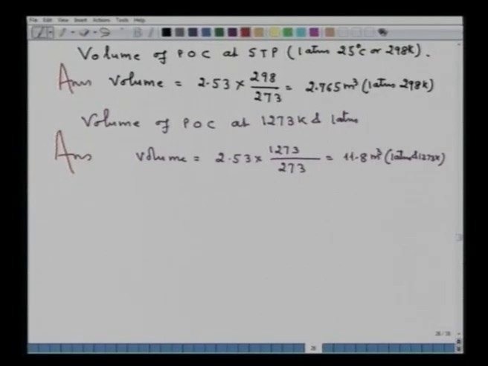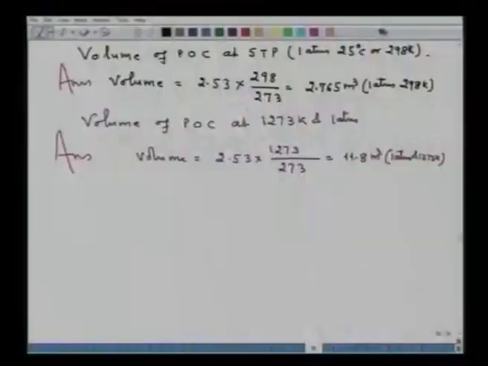Why I asked you to calculate particularly at 1273 Kelvin is to appreciate the fact that gases expand on heating, which all of you know. You note from here that there is approximately a 5 times increase in the volume of products of combustion compared to what it was at 0 degree Celsius and 1 atmospheric pressure.